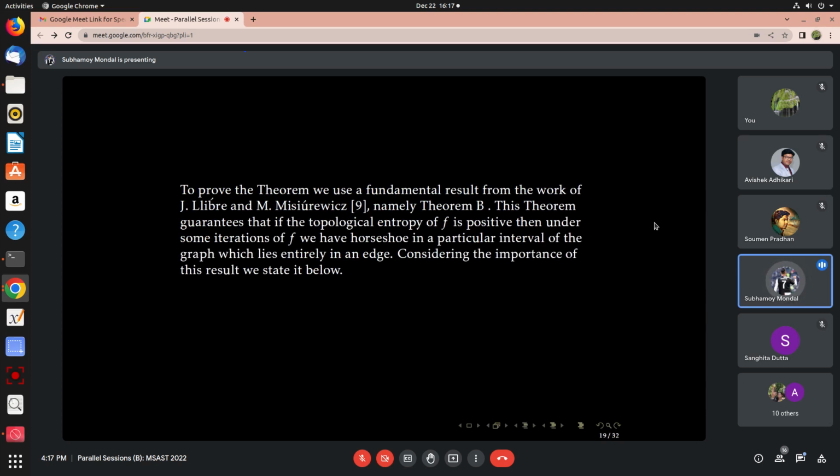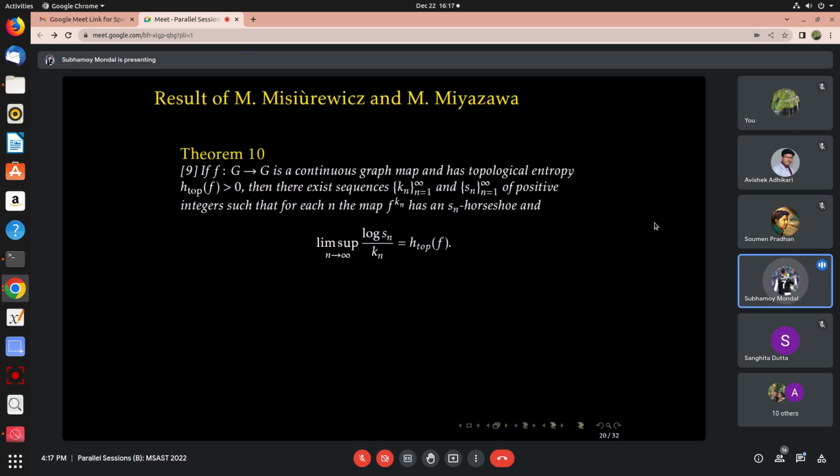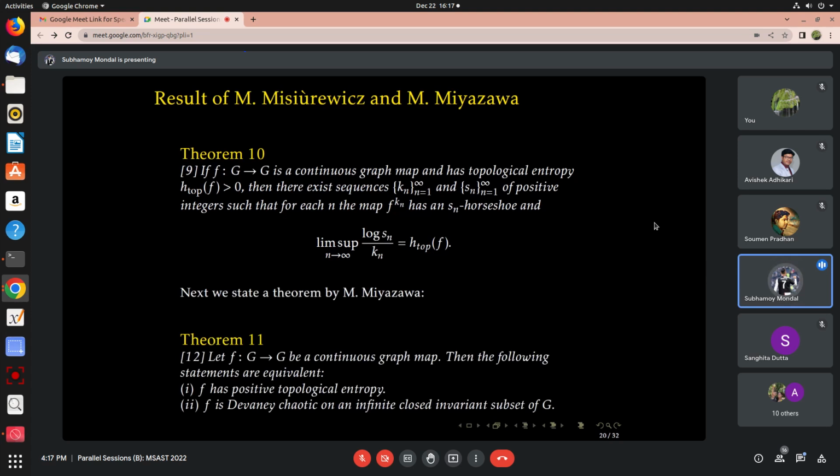By the result of Misiurewicz, Devaney chaotic implies positive topological entropy, and by the result of Miyazawa, under some iterate f^m has a horseshoe.